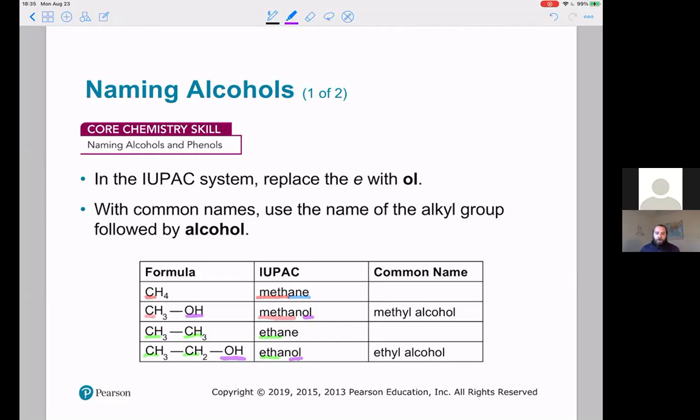These simpler alcohols also have common names. For example, methanol is methyl alcohol, ethanol is ethyl alcohol. I'm going to focus much more on the IUPAC name, but it is a good idea to note that you can use common sense to figure out what exactly the alcohol corresponding to a common name is.